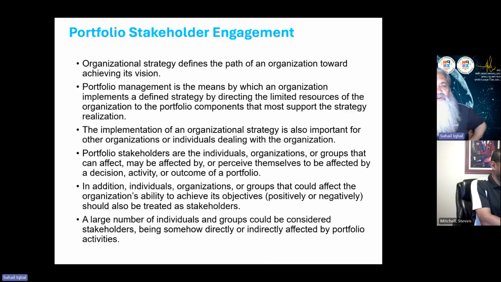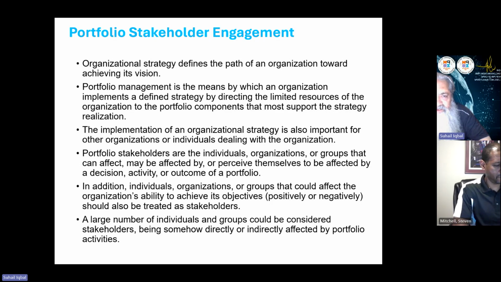Starting with the stakeholder engagement, organizational strategy defines the path of an organization toward achieving its vision. So we are at the portfolio level, we derive all our strength and understanding from the organizational strategy, because we have to always remain aligned with that.